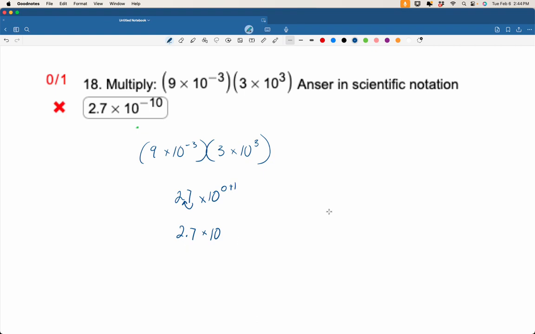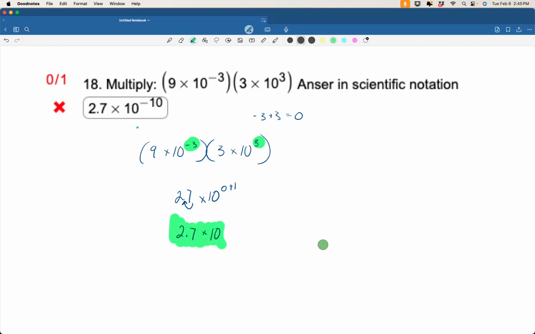This would be correct. So the way we got 0 was we added these together. Negative 3, positive 3. Negative 3 plus 3 equals 0. All right. And that would be the final answer.